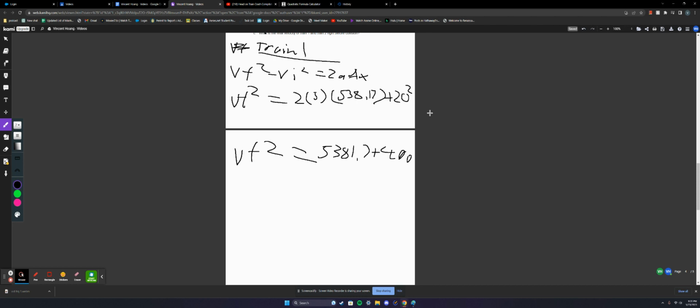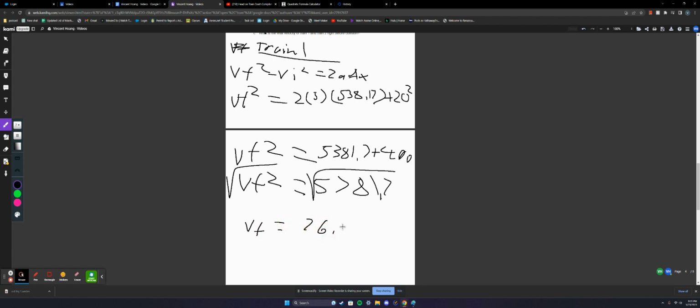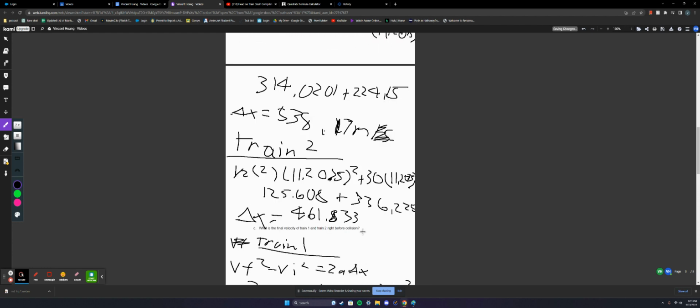Adding those two together, we get 5,781.7, which is equal to v_f squared. We take the square root of both sides, and the final v_f is 76.0374. That is for train 1.